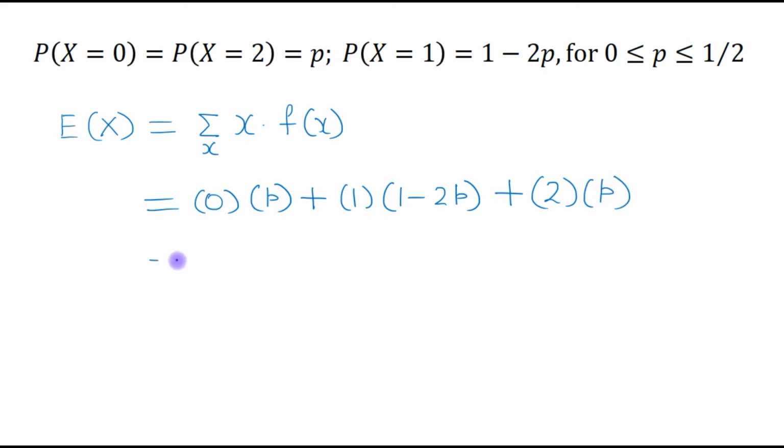Okay, this will become 0 plus (1 minus 2p) plus 2p. Okay, this will be cancelled out and expected value of x is 1.